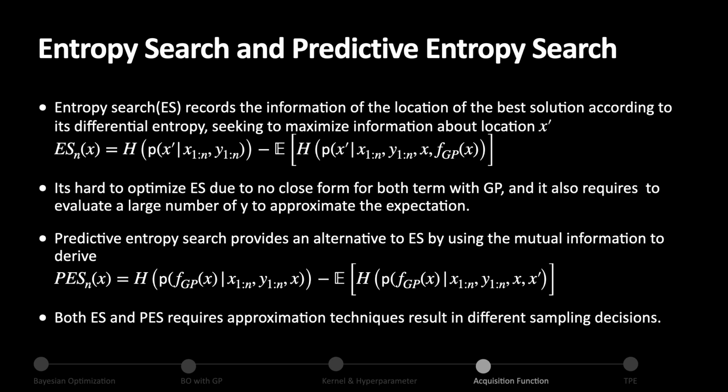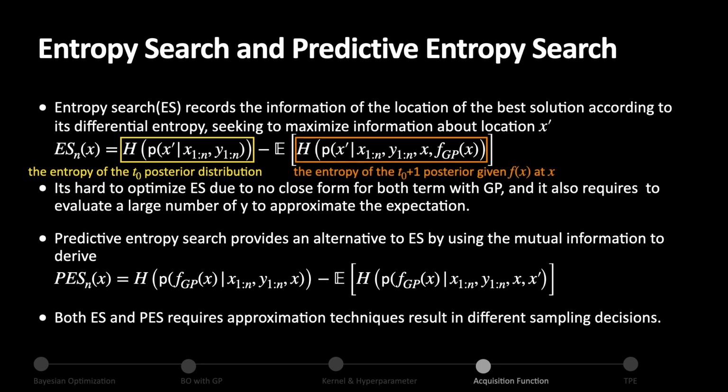Entropy search, ES, records the information of the location of the best solution according to its differential entropy, seeking to maximize information about location x prime. So we can write ESn of x as the entropy of the t0 posterior distribution minus the expectation of the entropy of the t0 plus 1 posterior given f of x at x.